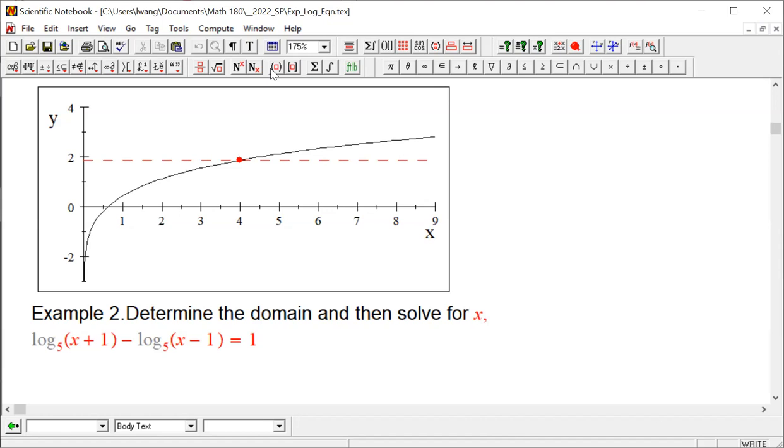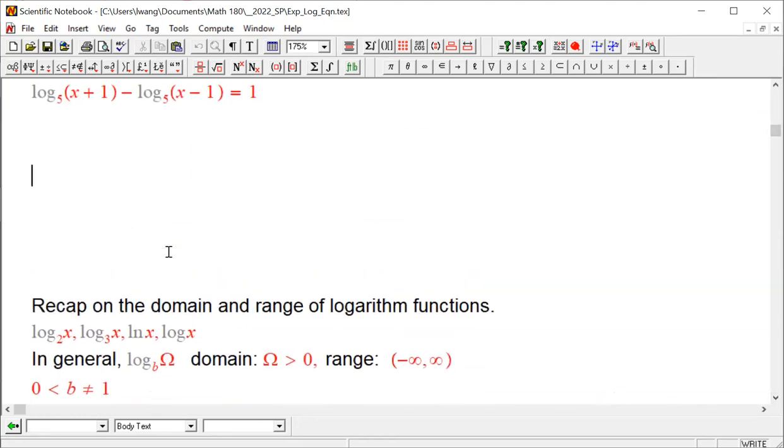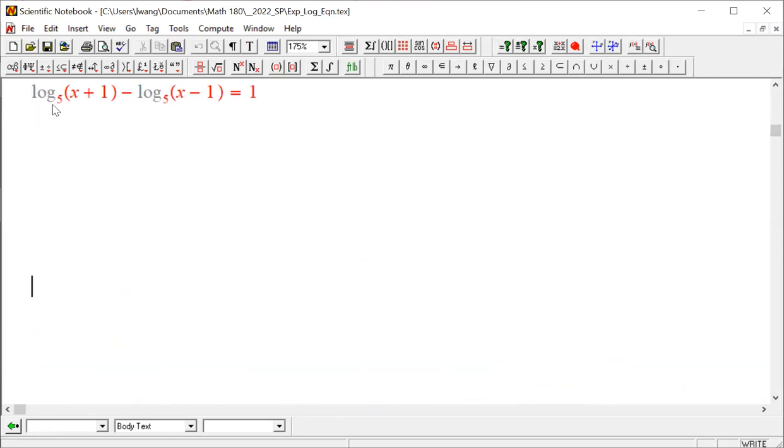We certainly have a domain requirement here, so we're going to work on the domain. The domain has to satisfy that both parentheses must be guaranteed positive. So x plus 1 must be positive, and x minus 1 must be positive.